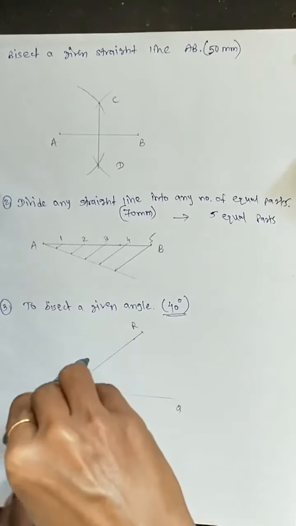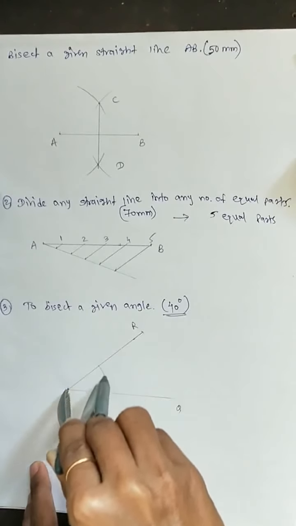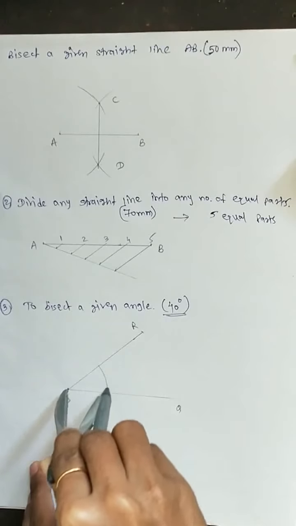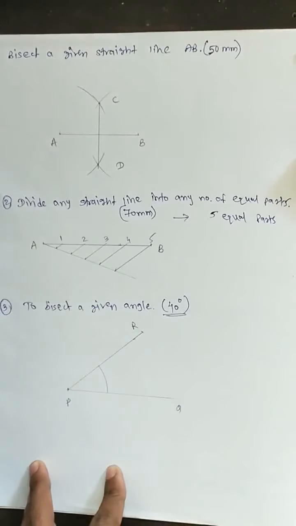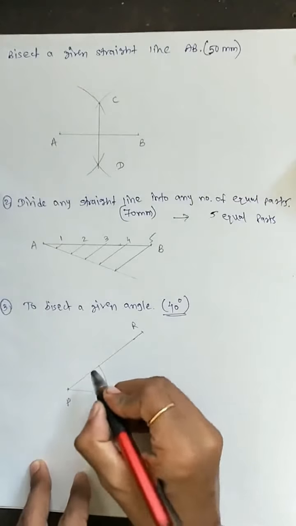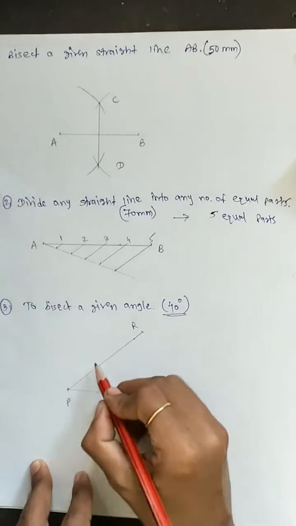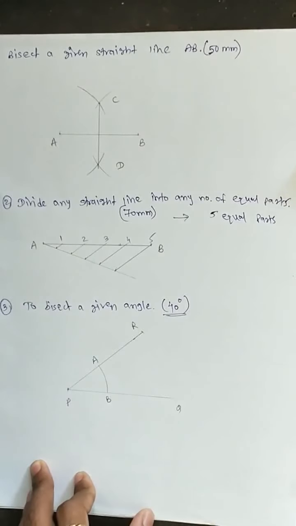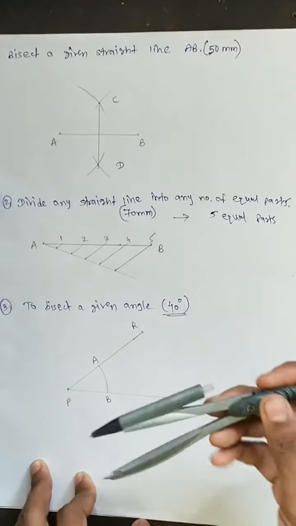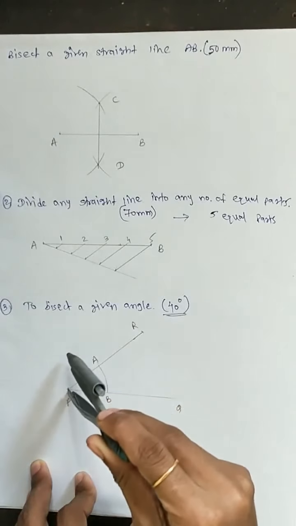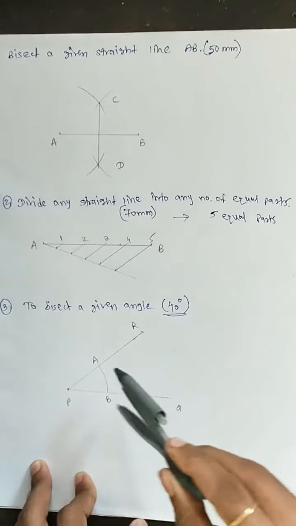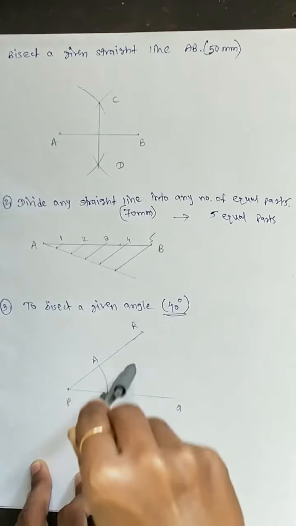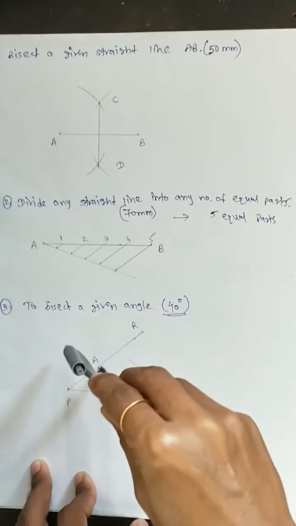Then draw an arc like this, touching both these lines, and give name to this point as point A and this point as point B. Then keep same radius as we have taken and center point A and B and draw arc.